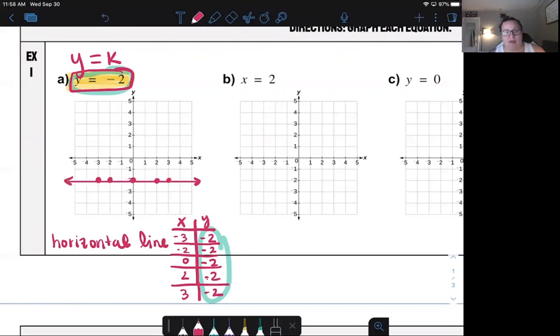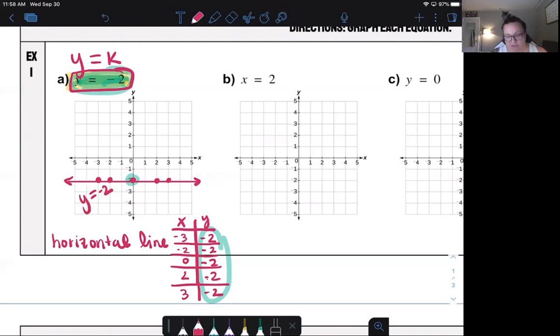And there I go, I have a horizontal line. Where does that horizontal line hit the y-axis? Exactly at -2. Exactly at y equals -2. Well, what was y equal to in this line? -2. So there we go. We've just graphed a horizontal line at y equals -2. This is the graph of the equation y equals -2.